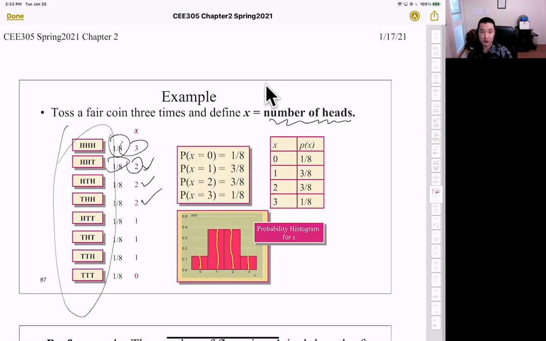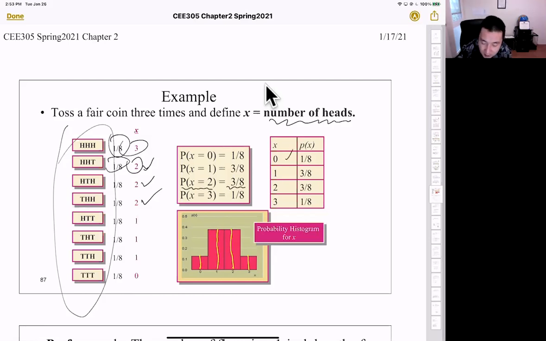Okay. So in summary, first of all, we list all the possible outcomes. We could have 0 heads, with probability 1 over 8. We could have 1 head, with 3 over 8 probability. 2 heads, 3 over 8.